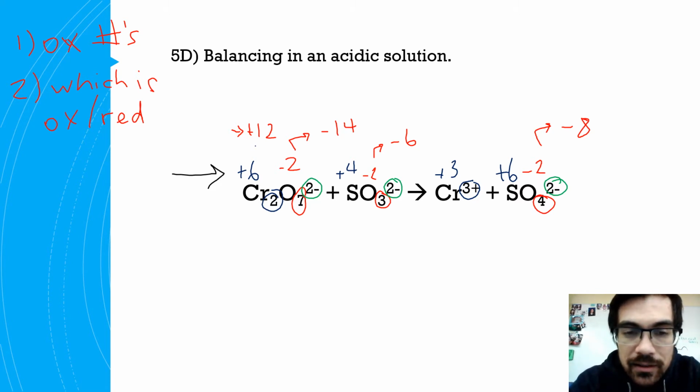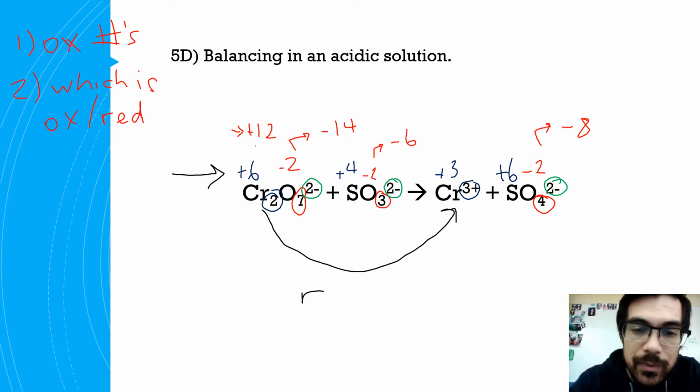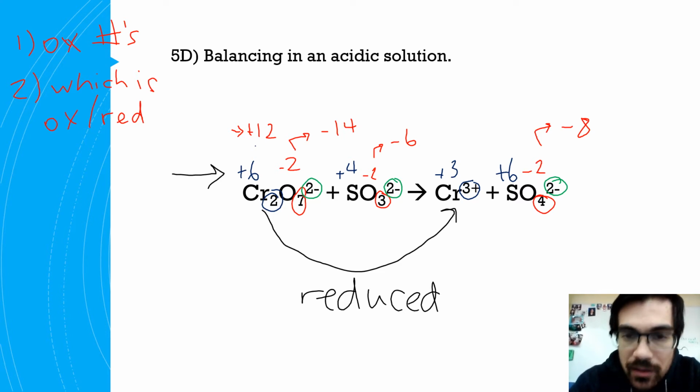Okay? So let's look here. We got chromium, which is going from plus 6 to plus 3. That is becoming more negative, so this one is being reduced. Now, let's take a look at sulfur, because oxygen stays the same throughout.